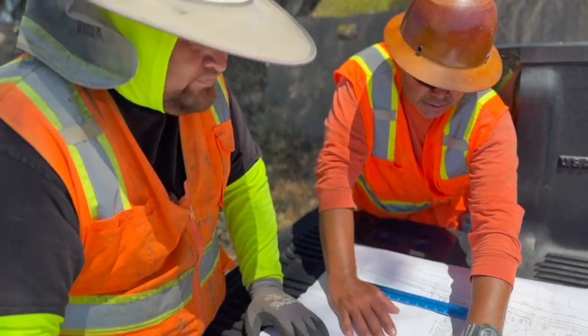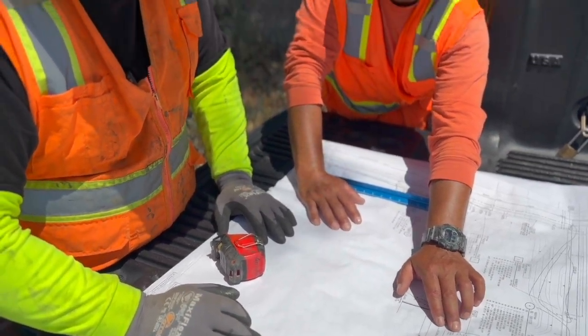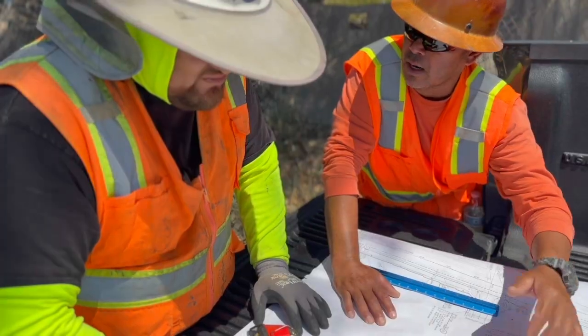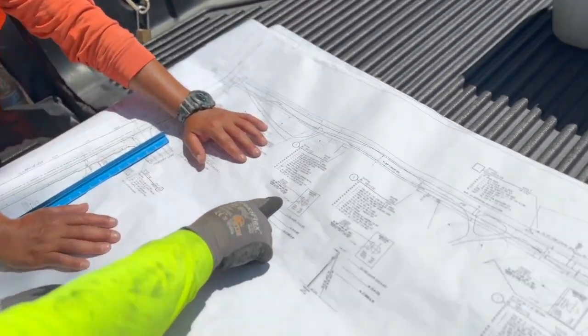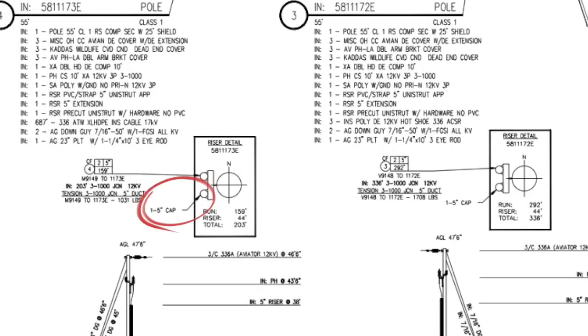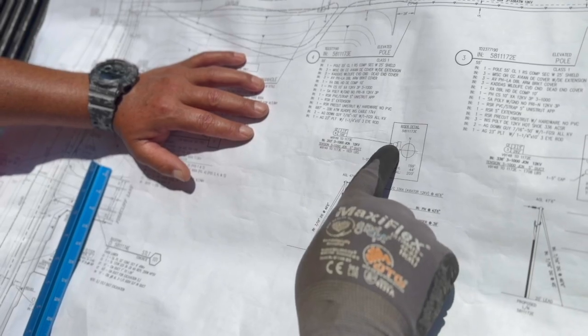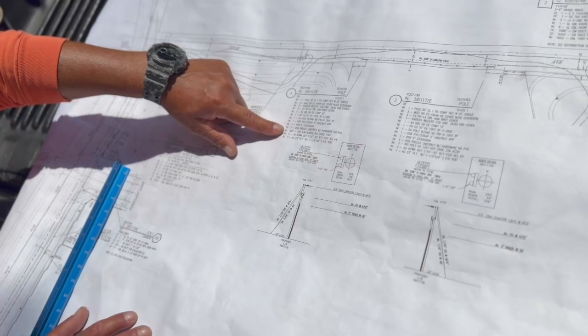And on the pole, they already tell you which one they're going to use as a cap, and which one they're going to riser up with the cables. That information is right here. One says 1 5-inch cap, which is the one they're using. The other one is the one with the cable.